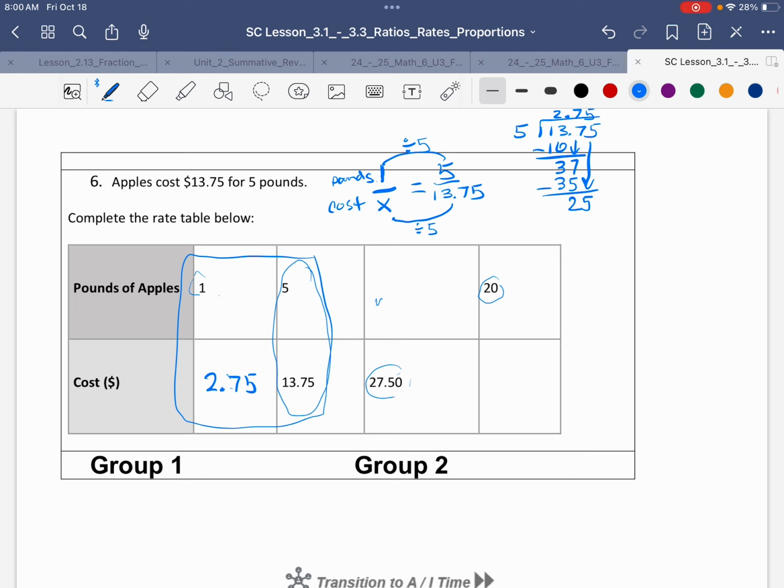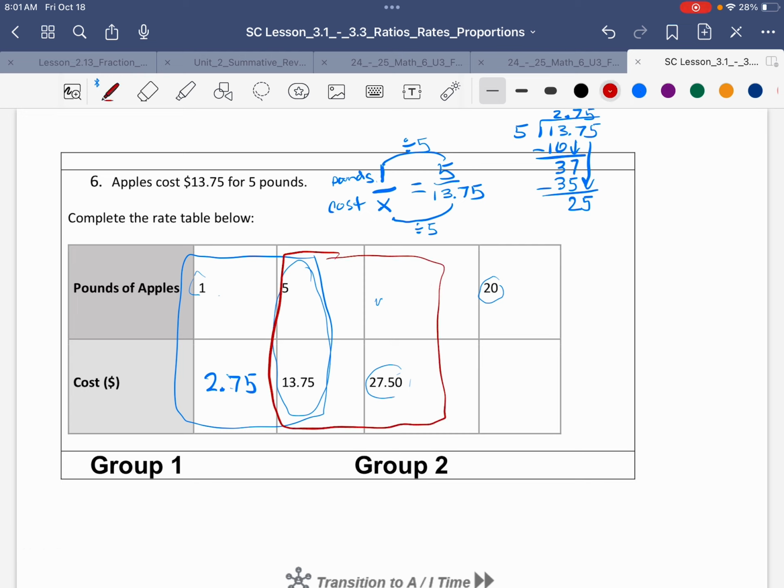So now that we know that one pound costs $2.75, we can do something similar to find our other two missing values. Let's set up the proportion. I'll use a different color. Now we can set up the proportion with these two.